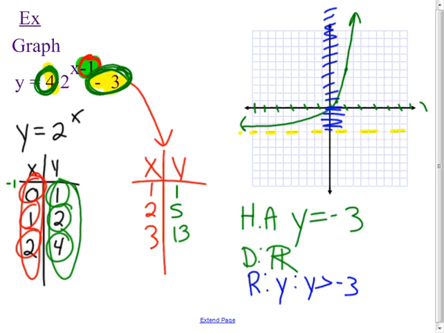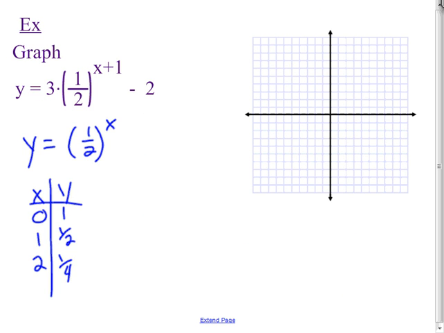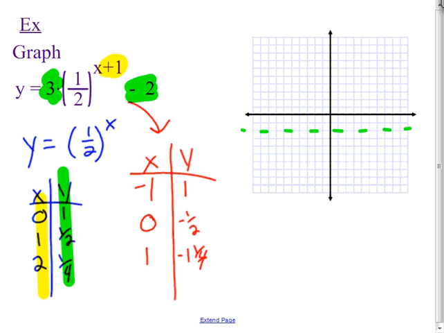I have one more graph for you to do. I'm going to put it up, and then I'm going to show you the answer with all of the work along the way and see how you do. So here's my parent. I found my asymptote.